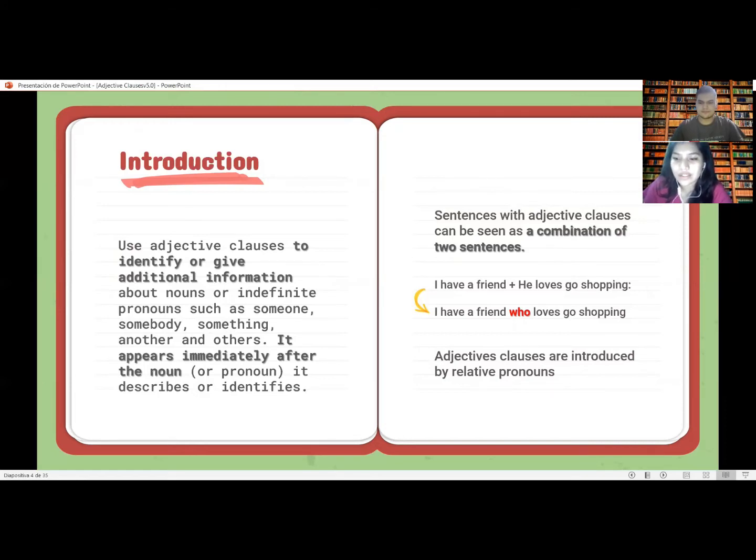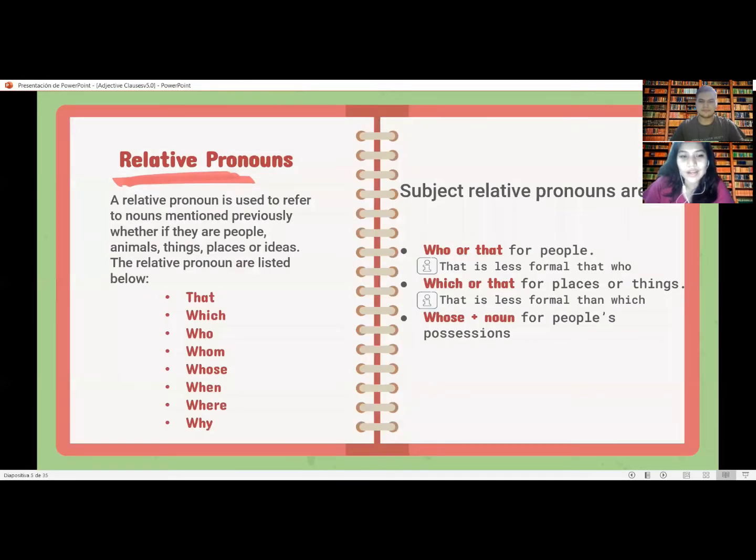Adjective clauses are introduced via relative pronouns. Relative pronouns are used to refer to nouns mentioned previously, whether they are people, animals, things, places, or ideas. The relative pronouns are listed below: that, which, who, whom, whose, when, where, why.